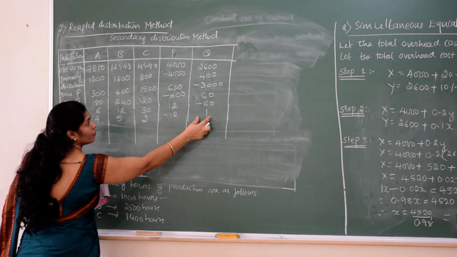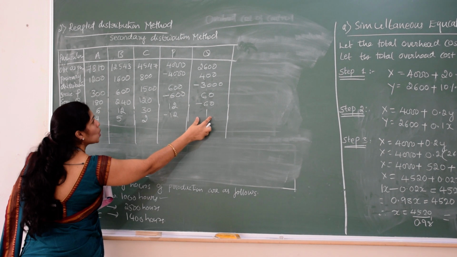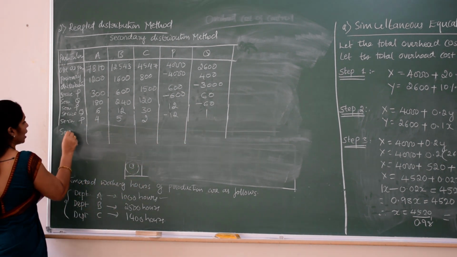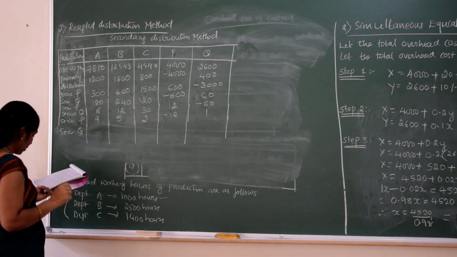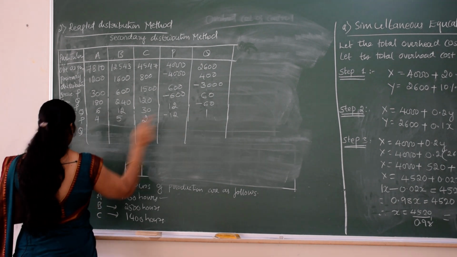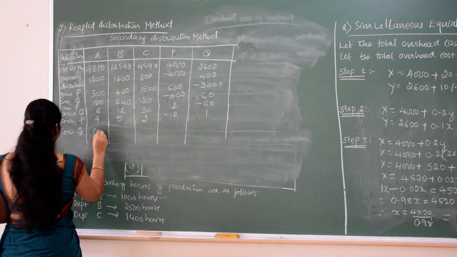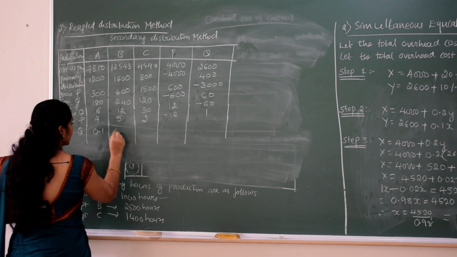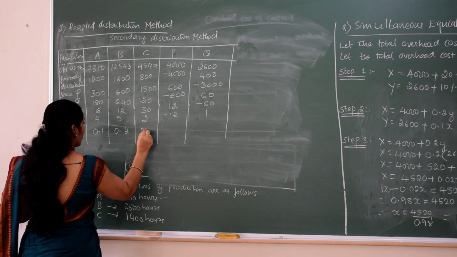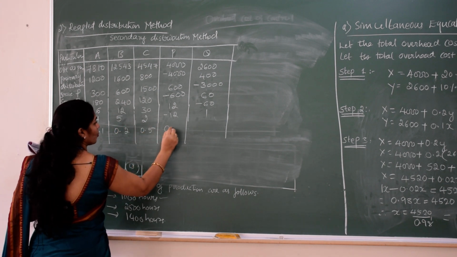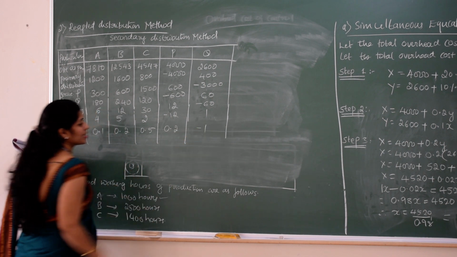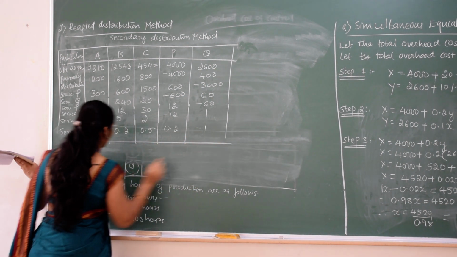Then you take service department Q, whose value is 1. As per the given percentage, 1 into 10% is 0.1, then 0.2, 0.5, then 0.2. The value is nil.